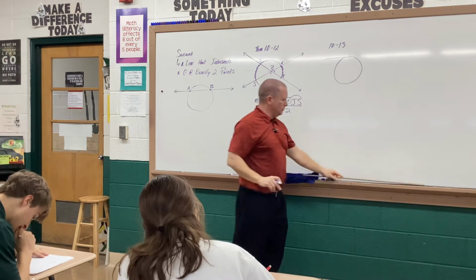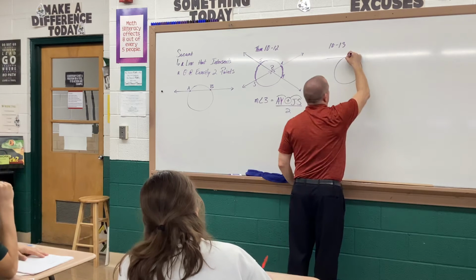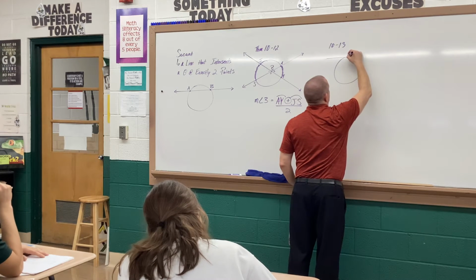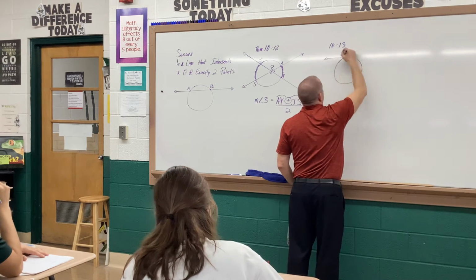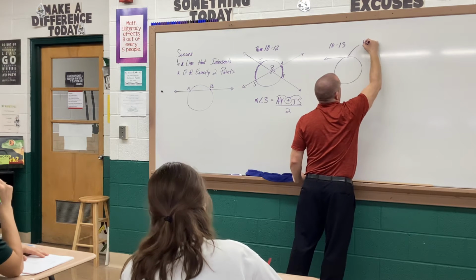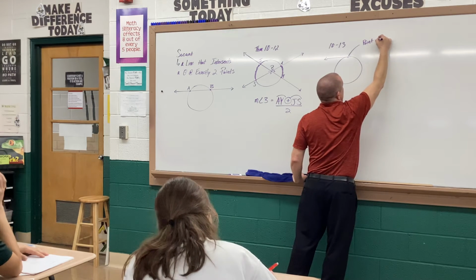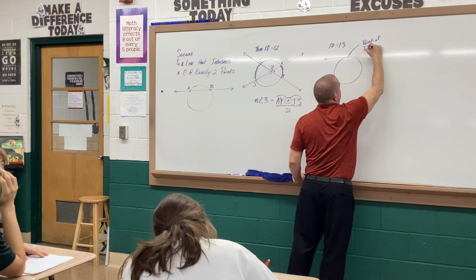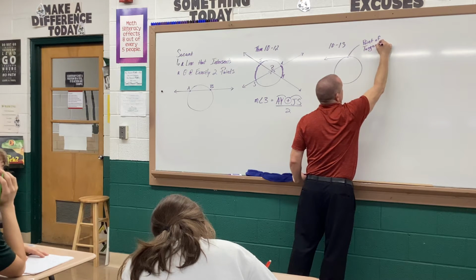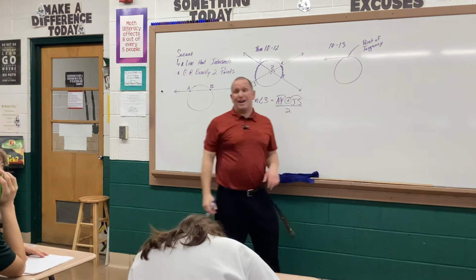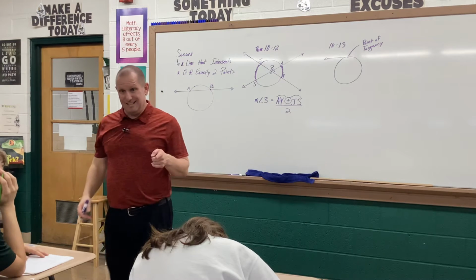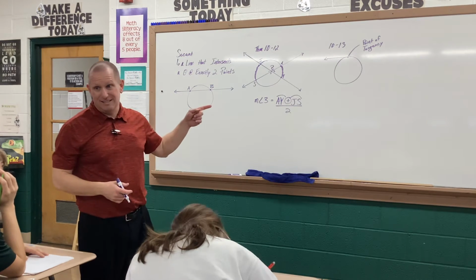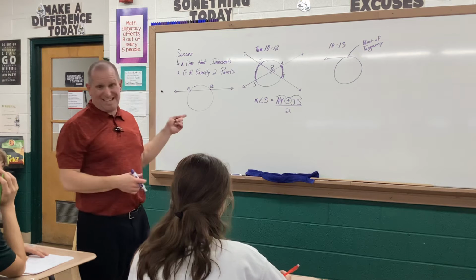And I'm going to put a dot right here. This is my what again from yesterday? Tangency. This is my point of tangency, right? And that's what they talked about in the theorem. Now, draw a line that hits that dot, but makes a secant.